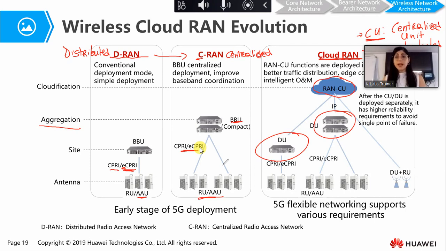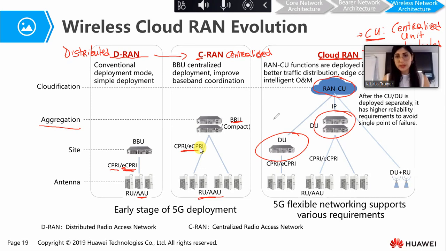Here we also have to accomplish a real-time and non-real-time separation, because the centralized unit is in charge of the non-real-time processing, so processing at the higher levels of our protocol stack. We are talking about, for example, the PDCP layer.